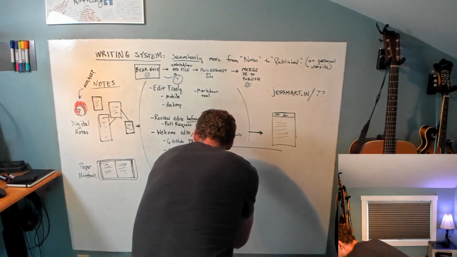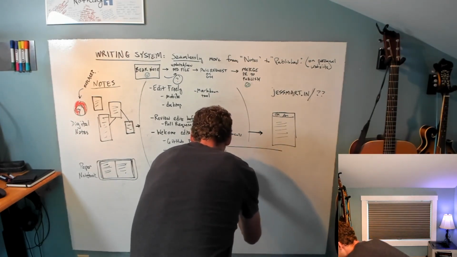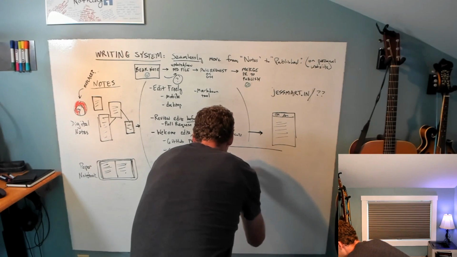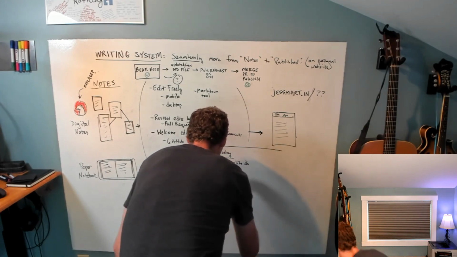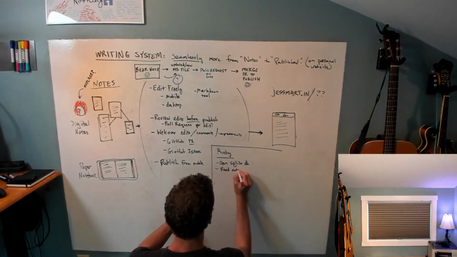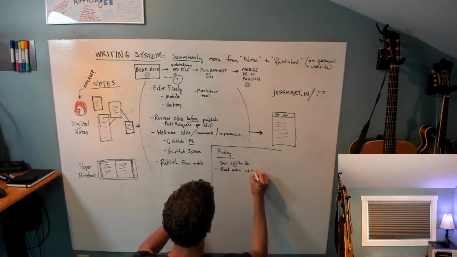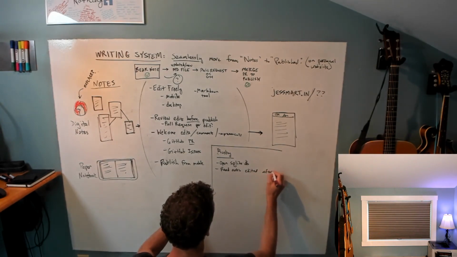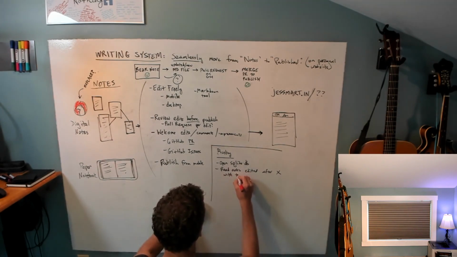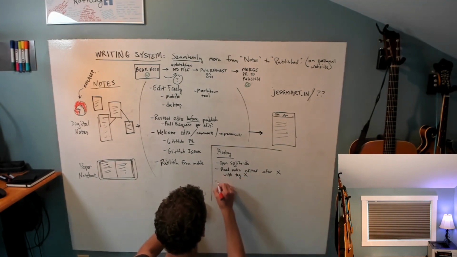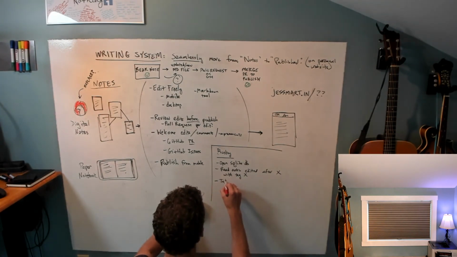So if we had a Ruby script, we could open the SQLite DB, read notes edited after X with tag X, and take.